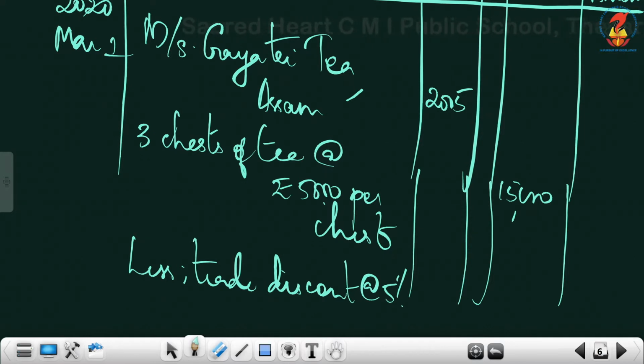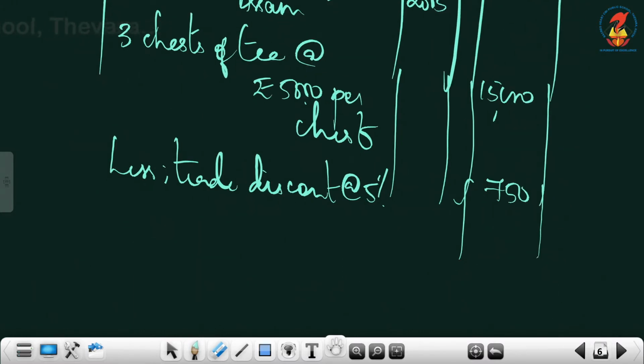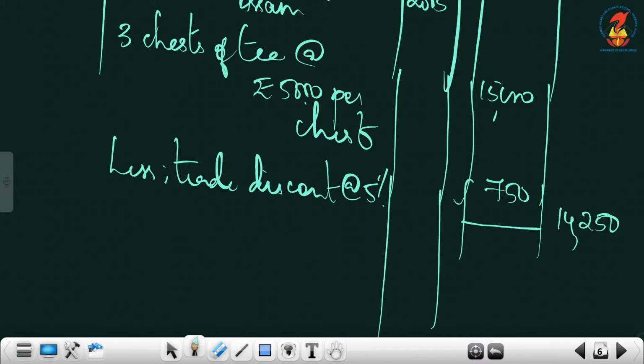Compute the figure, 5% you have to compute on 15,000. 15,000 into 5 by 100. So that is 750 which you have to less from this 15,000. Do we have any packing charges? Nothing is there. So outer column you can write the figure 14,250. Draw a line in particulars column.